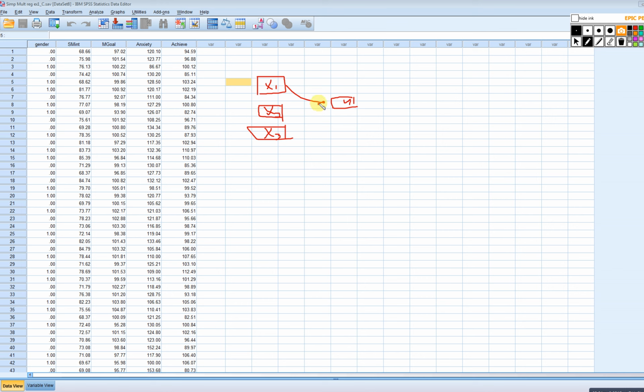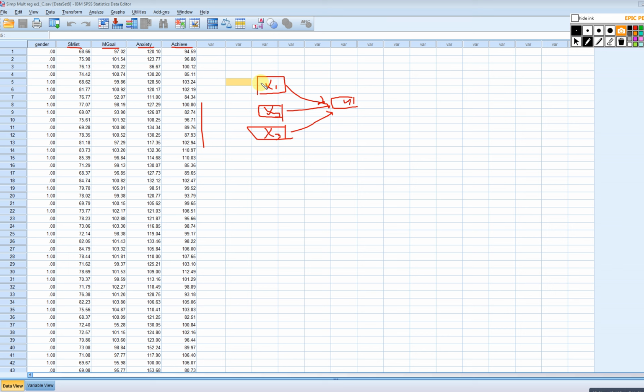So for the illustration that I'm going to talk about, I am going to run a couple of models. My criterion variable is going to be achievement. So these scores on achievement, these are assumed to be continuous, and I'm going to model three predictors for the first go around. So I've got subject matter interest, mastery goals, and anxiety as predictors.